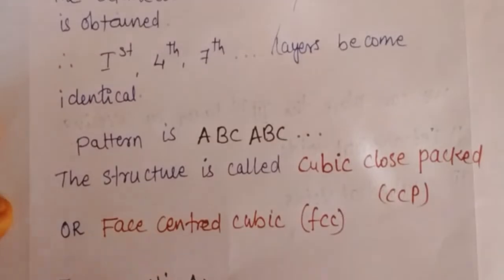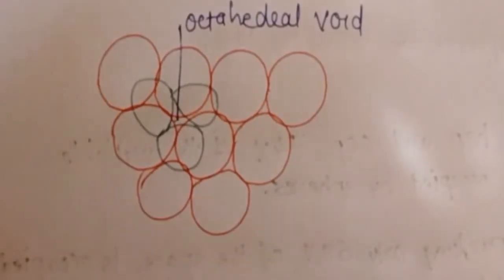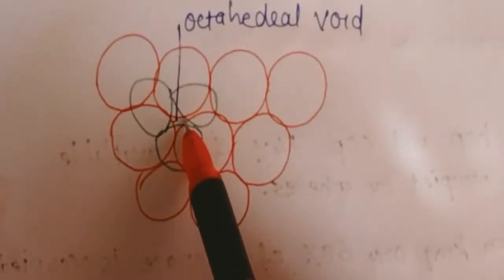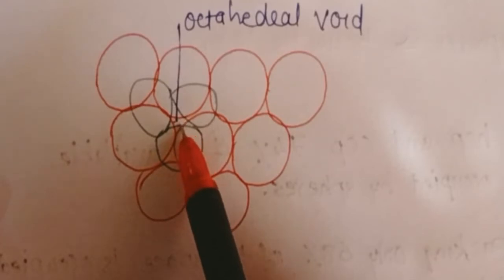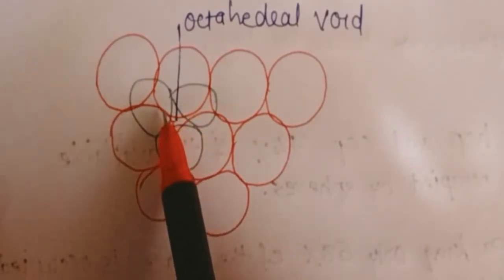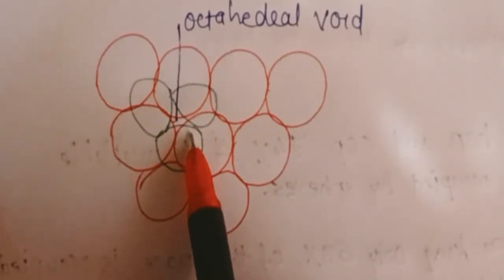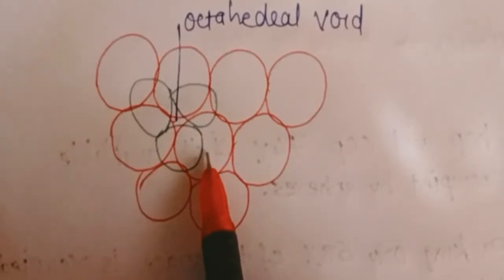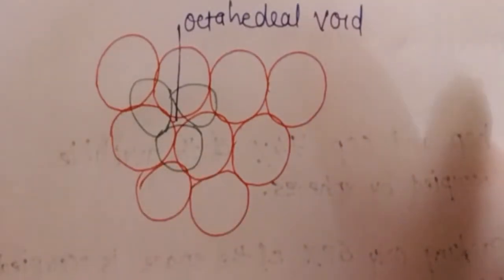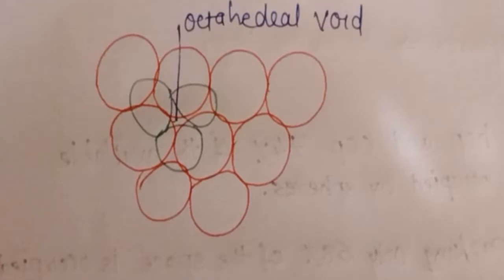The examples are copper, nickel, gold. In the diagram, this is the octahedral void and we place a third layer by covering this octahedral void, and we get a cubic close packed structure or FCC structure.